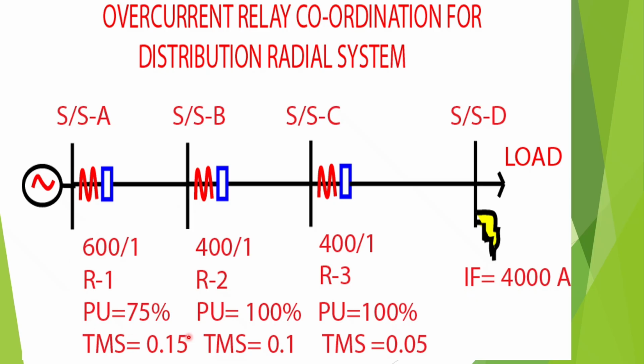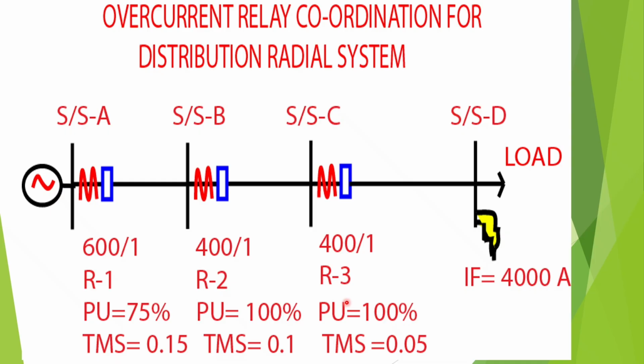As per the relay coordination for this distribution radial system, the pickup of relays R2 and R3 is the same, that is 100% of the CT ratio, but for relay R1 it is 75% of the CT ratio. The TMS for R3 is 0.05, which has been set initially, and for relays R2 and R1 it is calculated from the operating time of the previous relay plus a chosen time margin.